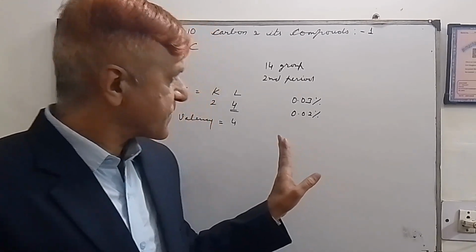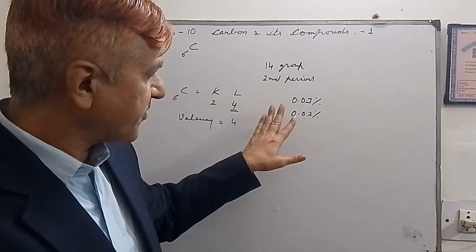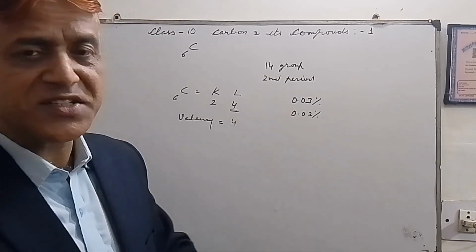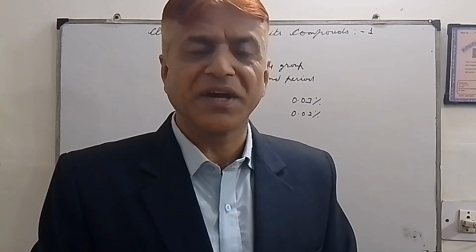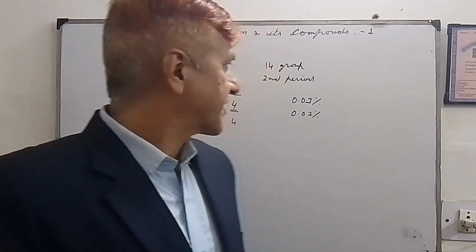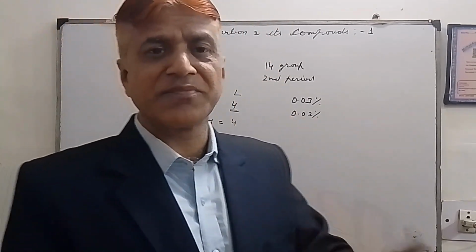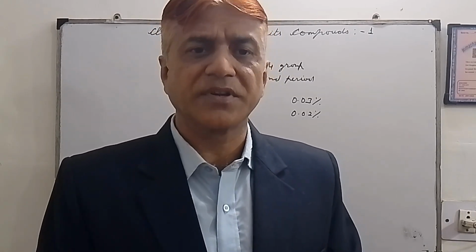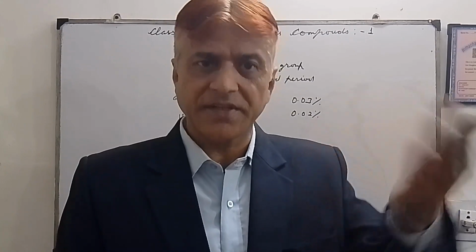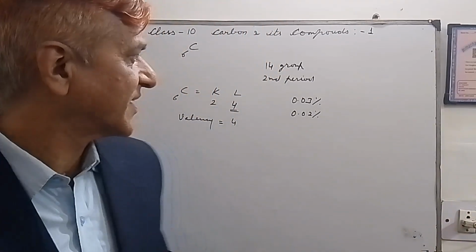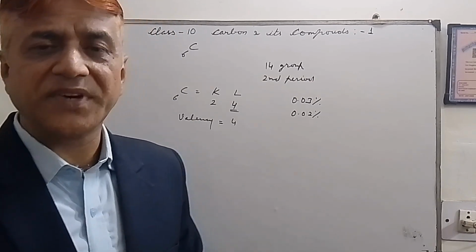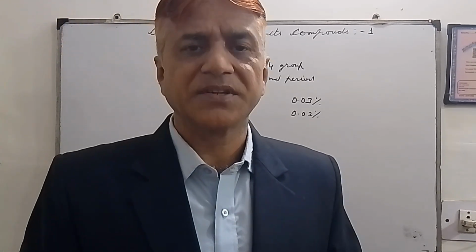So, despite being present in very small amount in nature, carbon makes a large number of compounds with other elements, and the compounds of carbon are very significant for us.